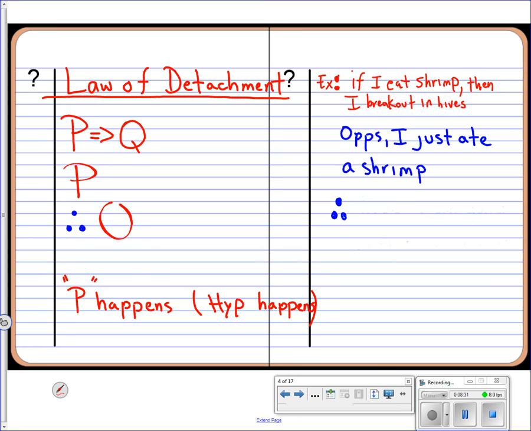Well, that I run quickly, right? So Q happens. So notice that it's not a result. The therefore is not a conditional statement like a law of detachment. It is that something else happened. Okay, so when I write P, it's read as P happens, right? Of course, this one is if P happens, then Q happens. We just drop off the if.